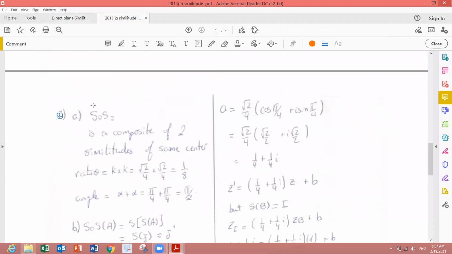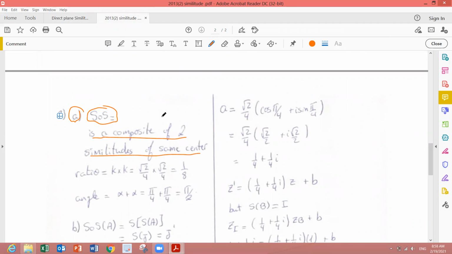So 3 part A. S round S is a composite of two similitudes of the same center.